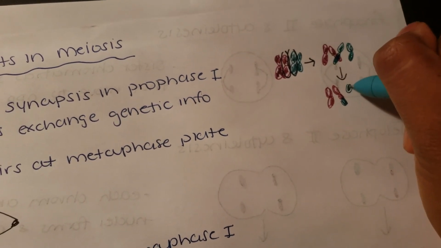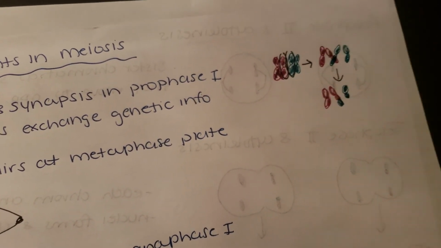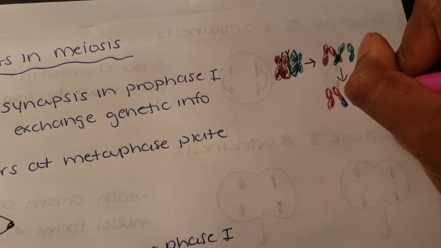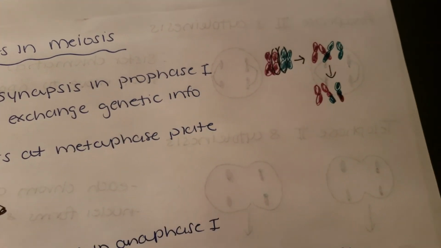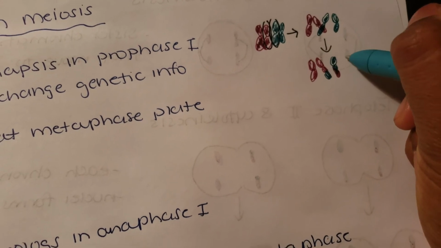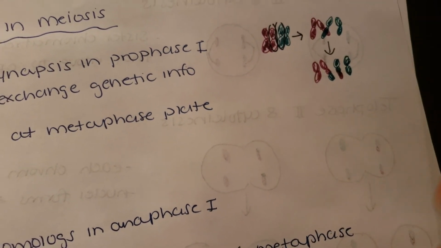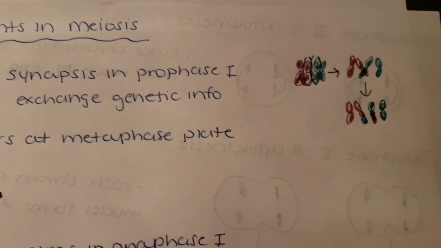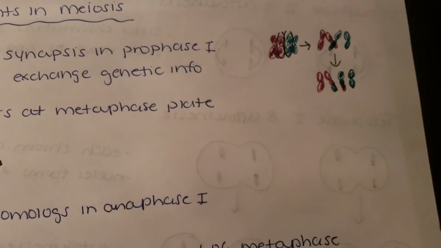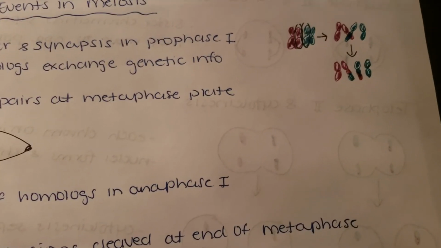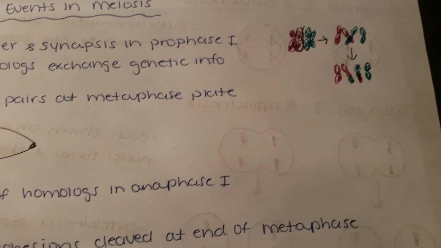This chromosome is going to be mainly blue, but it's going to have some pink to it, all right? And then this one is going to stay blue. So that is what crossing over looks like. Now you have a homologous pair, but they have some DNA that they have shared.